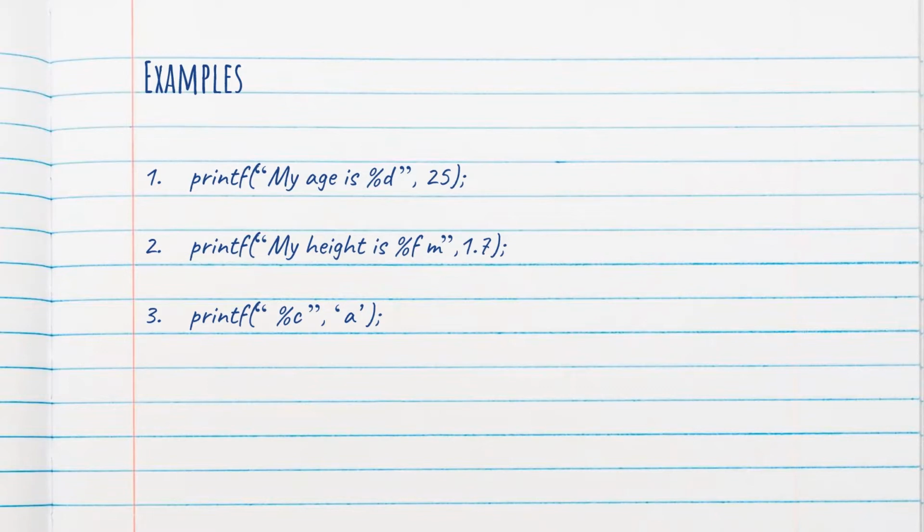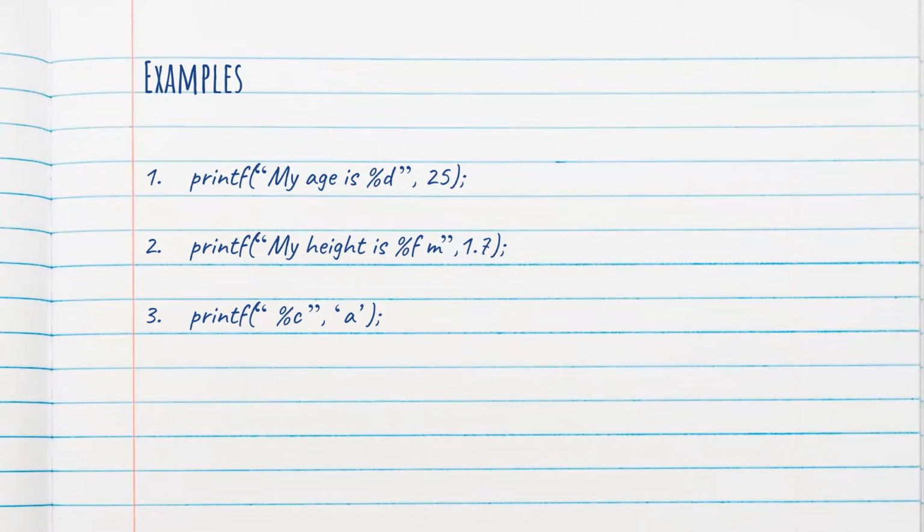To print that value, I have to write a format specifier, and I know that age is always an integer, so I'm going to use %d here. After the formatted string, I have put a comma and written a constant 25. The output of this program will be my age is 25.